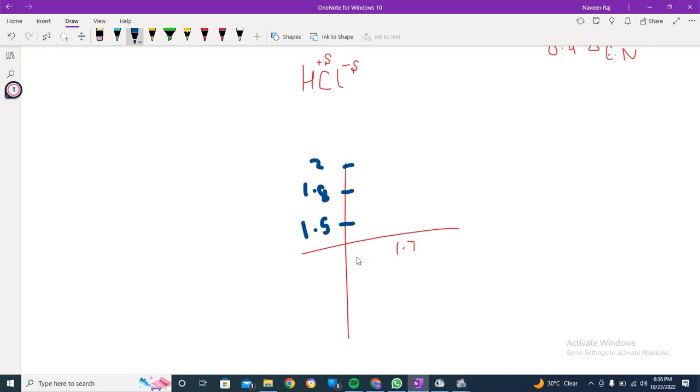Here we have 1.7, here 1.8. We made a mistake over there, but we will overcome that. So 1.5, 1.3, and 1.2. It goes up and down. Here we have 1.9, 2.1, and 2.3, and so on on both sides.